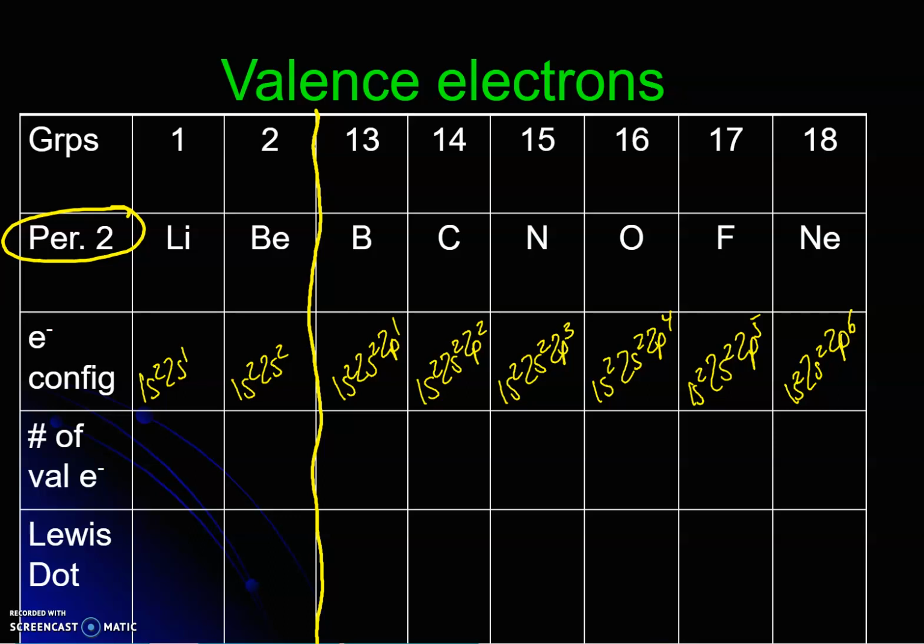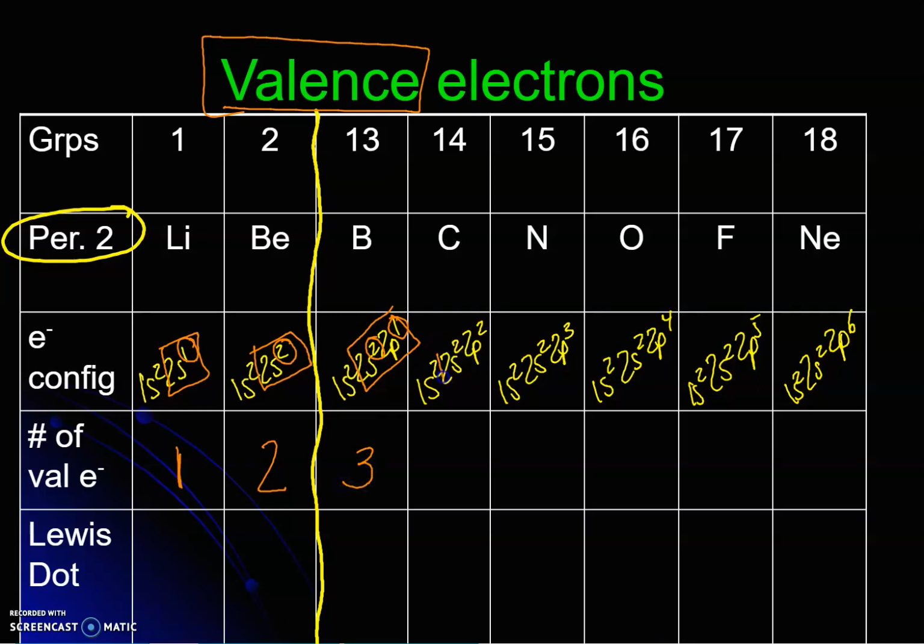So what we're looking at for our valence electrons is the outermost level. So that means the 2s and beyond. So how many valence electrons are here? There's just 1. How many valence electrons are for beryllium? There are 2. How many are available for boron? There's 2 plus 1, or 3. How many for carbon? 2s2, 2p2.